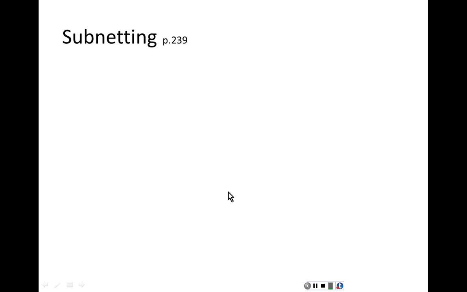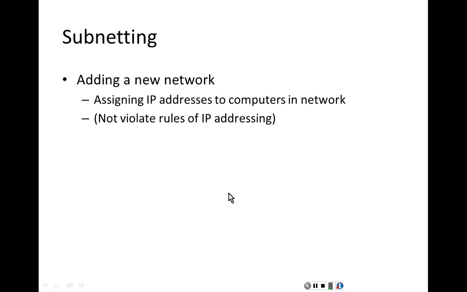Now, back to subnetting. Subnetting is where you are adding a new network. Maybe you're building a new building or a new floor of networks in your building, and you need to assign IP addresses to the computers in the new network or networks without violating the rules of IP addressing.